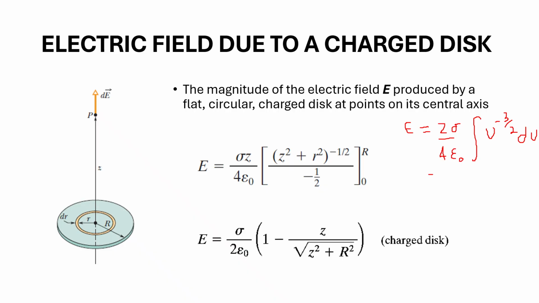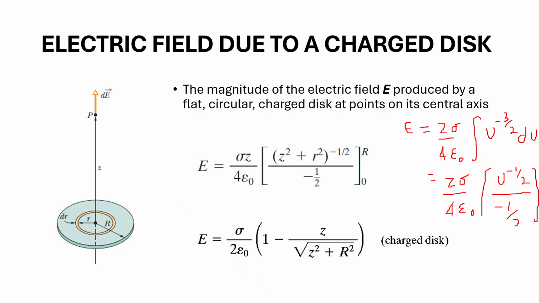So you have z delta over 4 epsilon 0, then solve this integral. So you have u to the power of negative 1 over 2, divided by negative 1 over 2.